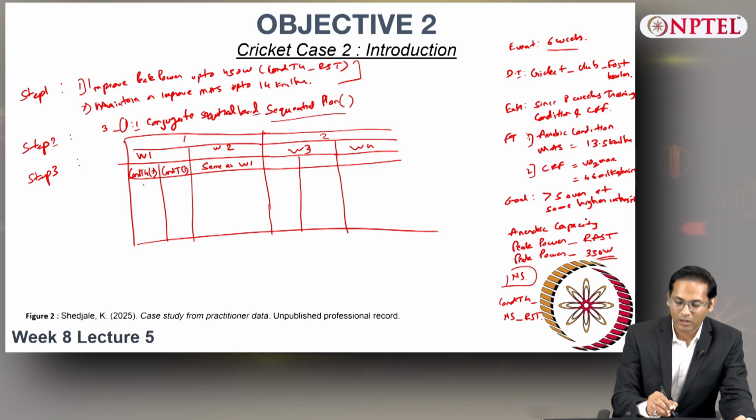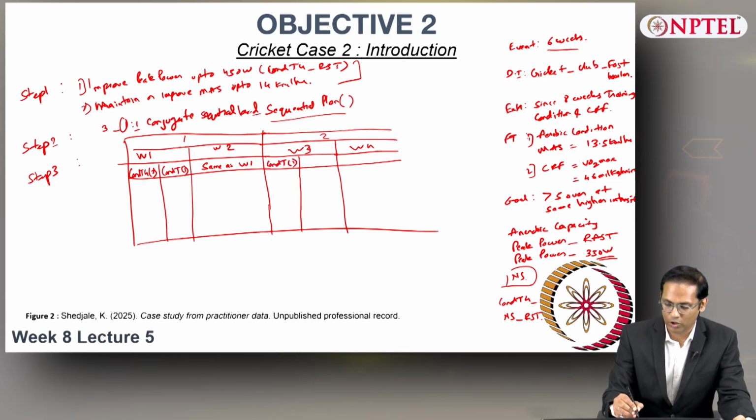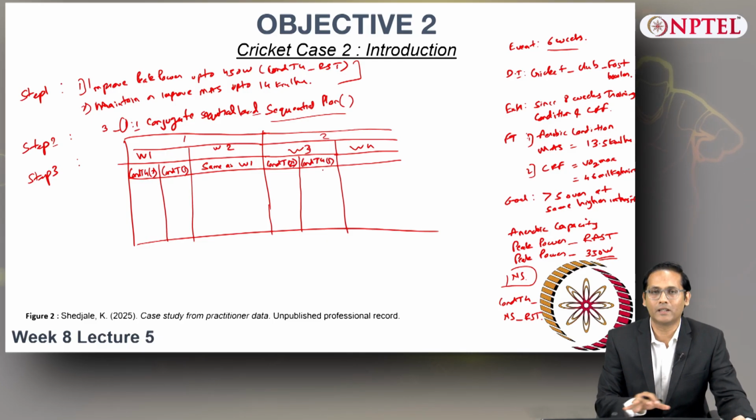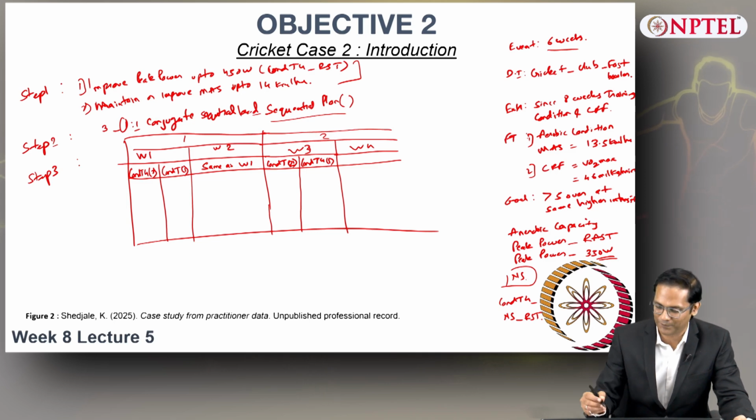So since the first block emphasized anaerobic capacity, the second block should emphasize aerobic conditioning. So aerobic conditioning 2 times and anaerobic capacity 1 time. So this gives a balanced training for anaerobic capacity as well as for aerobic conditioning.